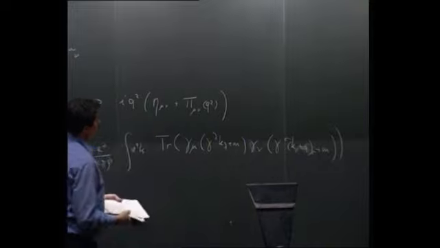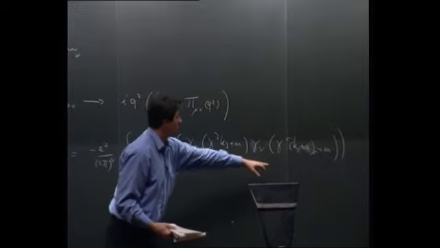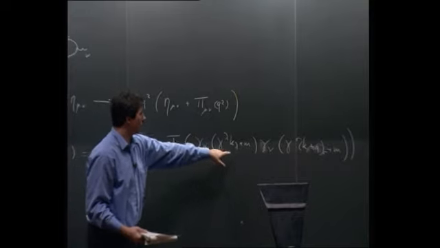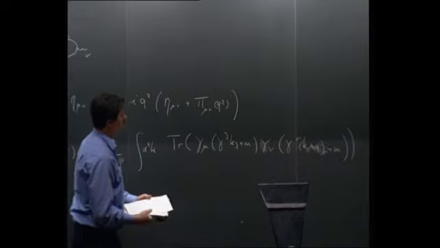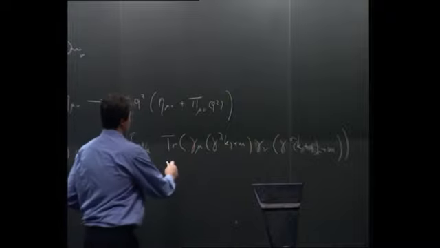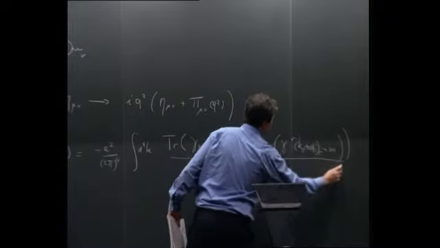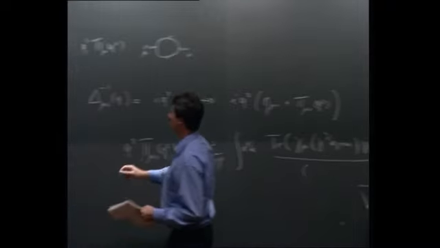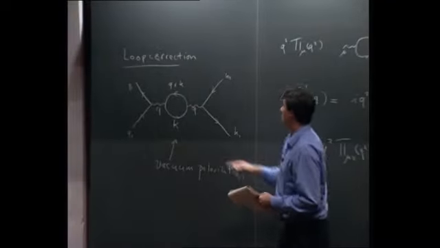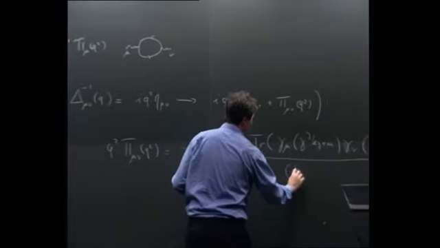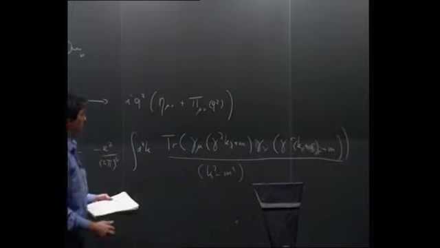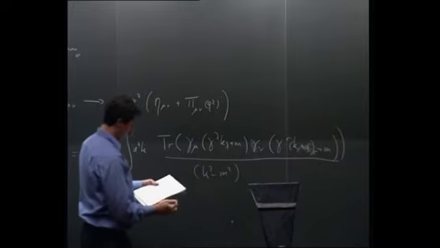And so there's quite a complicated expression which you have to evaluate using identities that tell you how to evaluate those traces over gamma matrices. And then in the denominator we have the parts coming from the propagators here, and they have the usual form k squared minus m squared, and I'll leave out the i epsilon just to make it a little simpler.